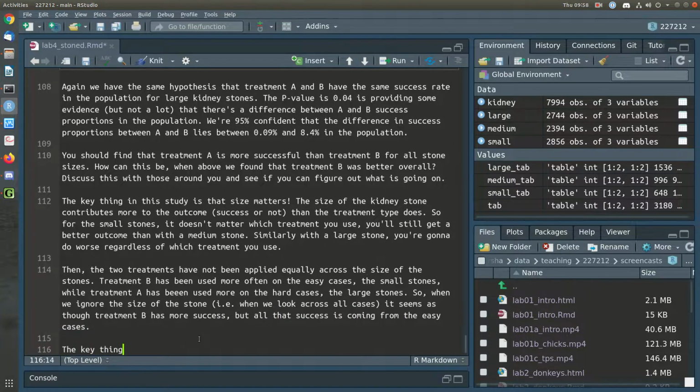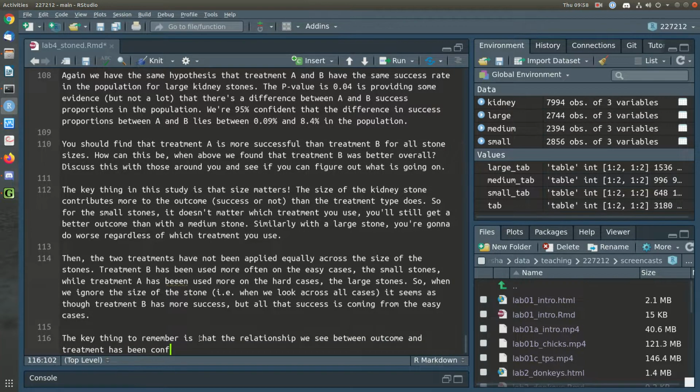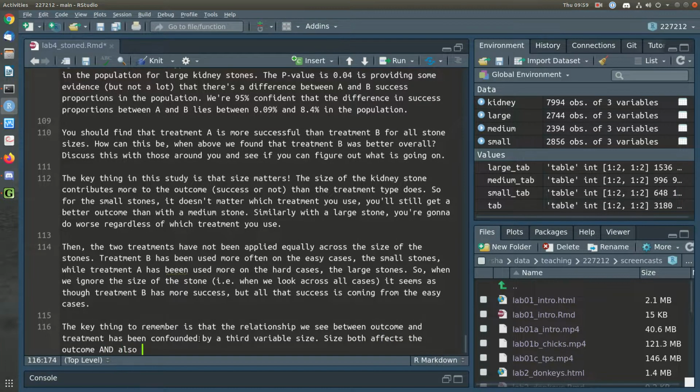The key thing to remember is that the relationship we see between outcome and treatment has been confounded by a third variable, size. Size both affects the outcome and also affects which treatment is used.